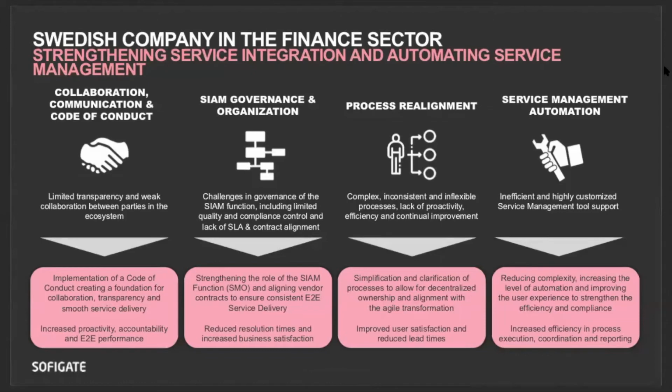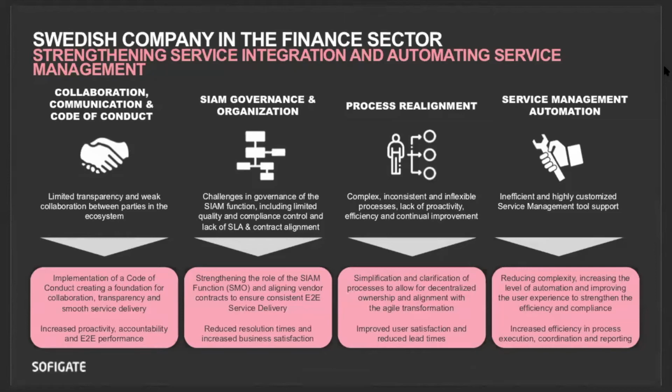So where we are looking in different areas on this, and this is quite much focused on the service integration and automating service management in general. The first area covered there is around the collaboration and communication and the code of conduct.